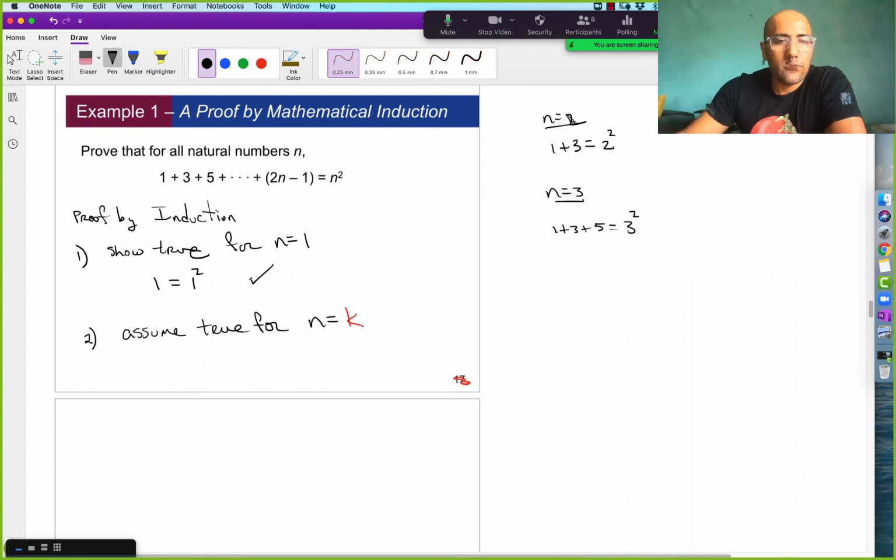I know we're kind of switching from one letter to the other, but we're saying that if we add 1 plus 3 plus 5 plus dot, dot, dot, and we go out to the kth odd number, which means that the kth odd number is this one, 2k minus 1, then this is equal to k squared.